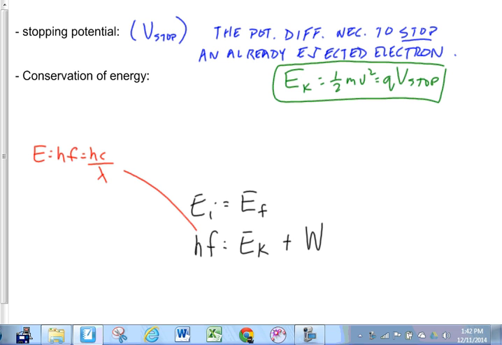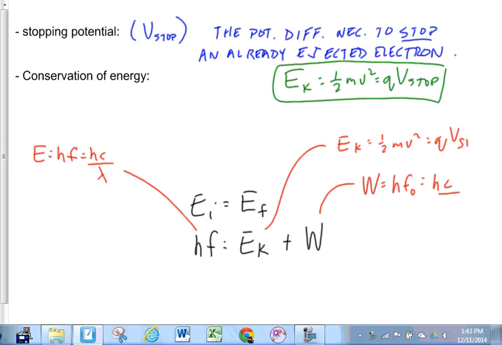E_k could be replaced with 1/2 mv squared or qV_stop. W, the work function, could be replaced with hf_0 or hc over lambda max.